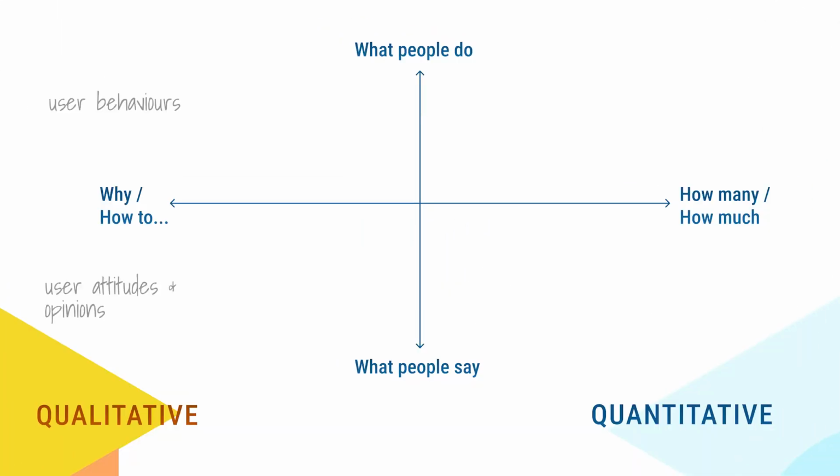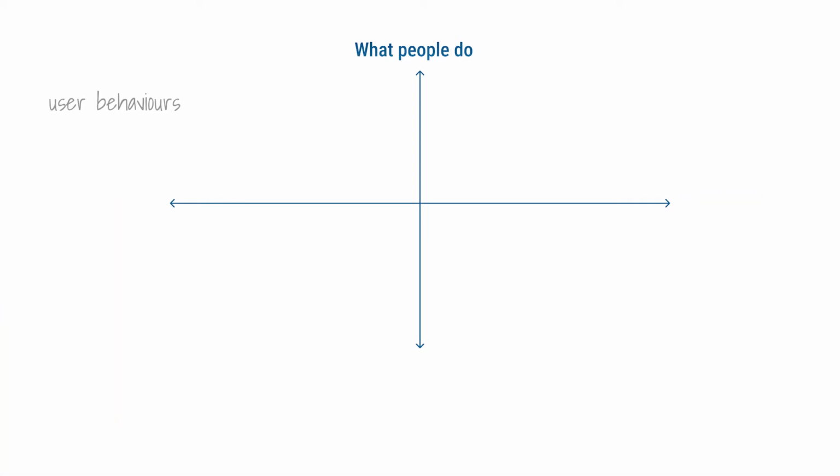So when can you use which? It all depends on your research question. And in the field of UX research or product research, this is a good guide to get you started, depending on the nature of your research question. So let's break it down. If your question is about what people do, then it is more related to users' behaviors.